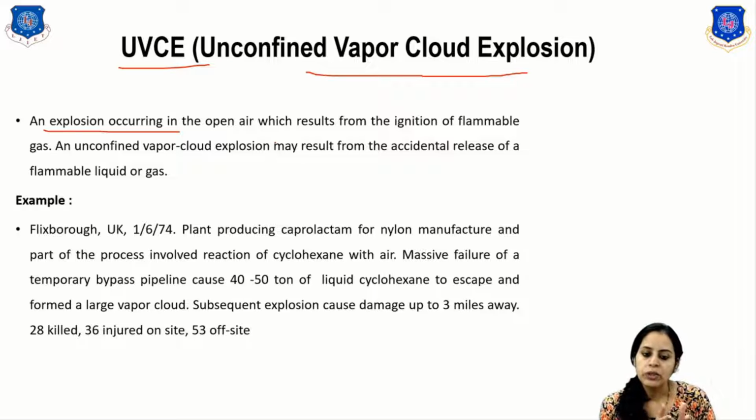The subsequent explosion caused damage up to 3 miles away, with 28 people killed, 36 injured on site, and 53 injured offsite. It was due to the unconfined vapor cloud explosion.